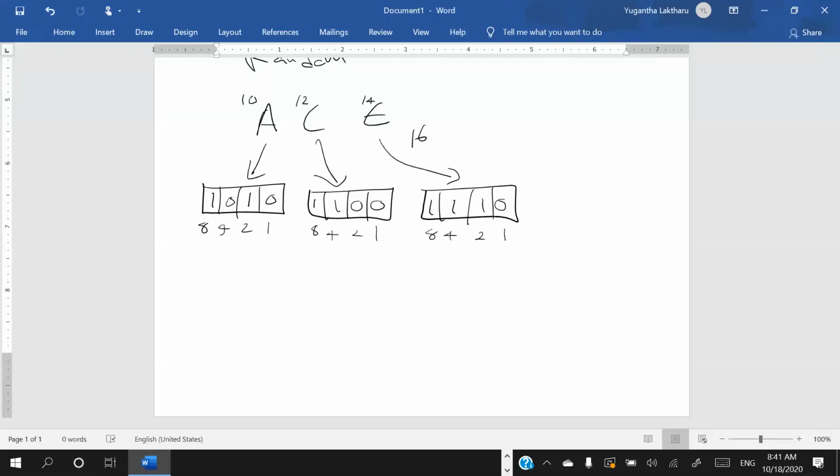But in case you are given a value something like 7CE. C and E are going to be the very same pattern, but how are you going to write the 7? It's like this: 0, 1, 1, 1.